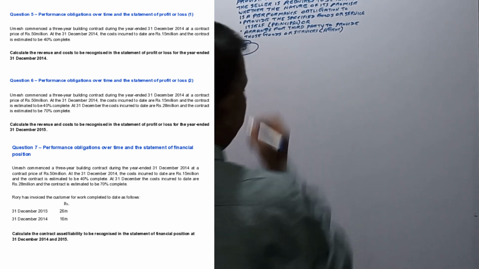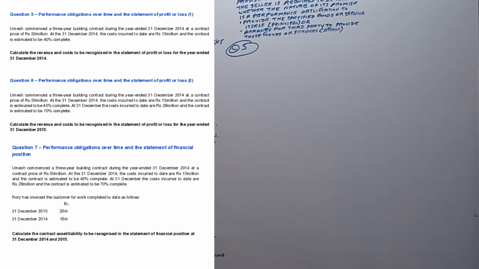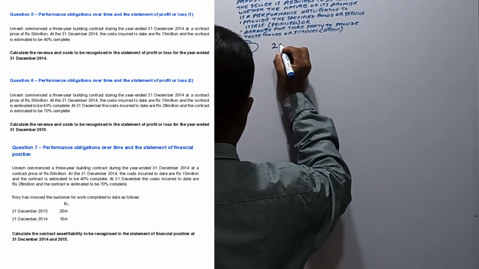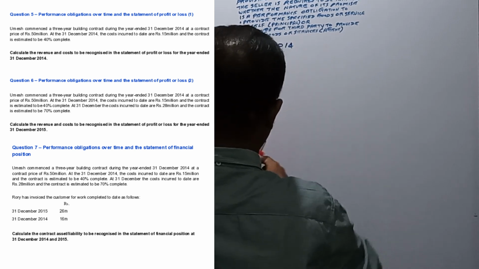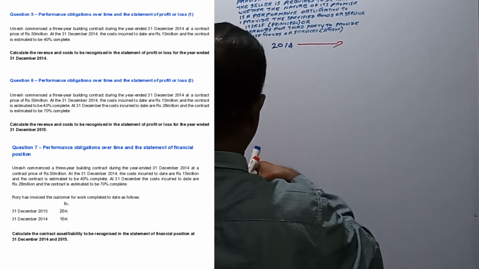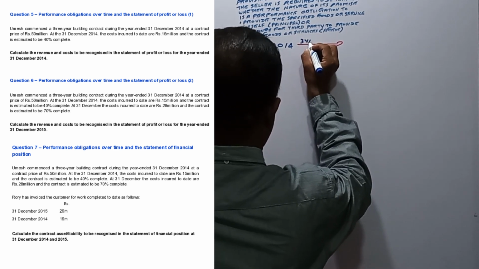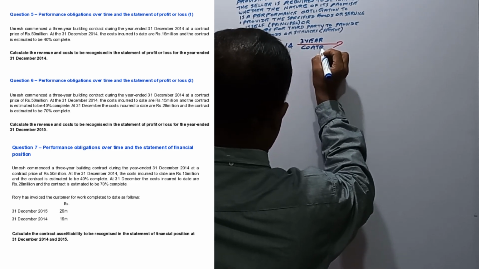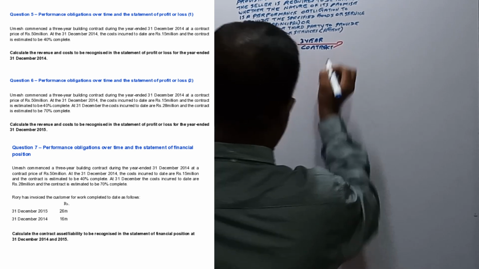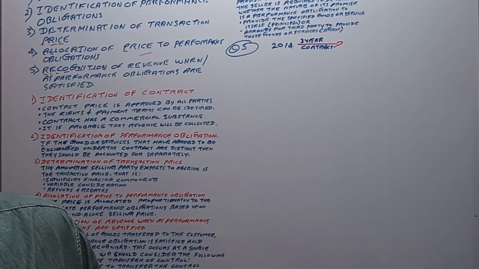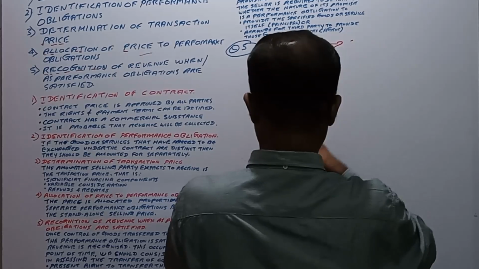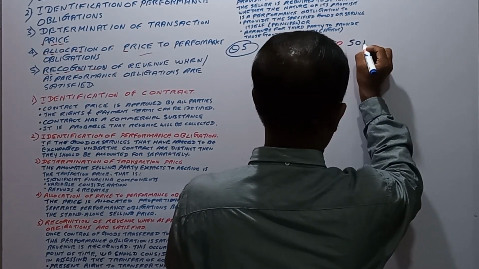Question number 5. Rex commenced a 3-year contract during the year ended 31st December 2014, at the price of 50 million.